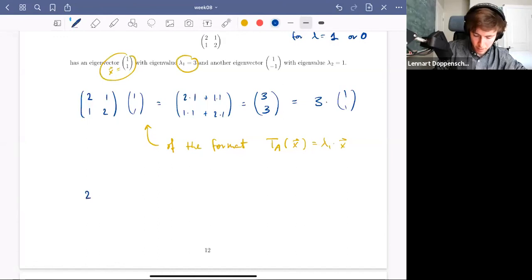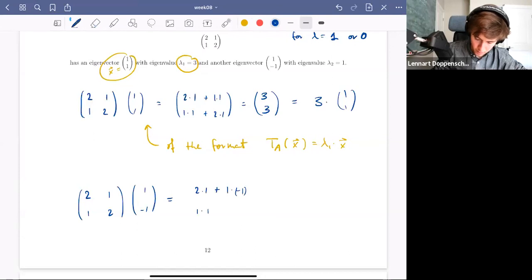Likewise, if we multiply the matrix (2, 1; 1, 2) with the different vector (1, -1), then we get 2 times 1 plus 1 times -1, and 1 times 1 plus 2 times -1, which is equal to (1, -1), exactly 1 times (1, -1).